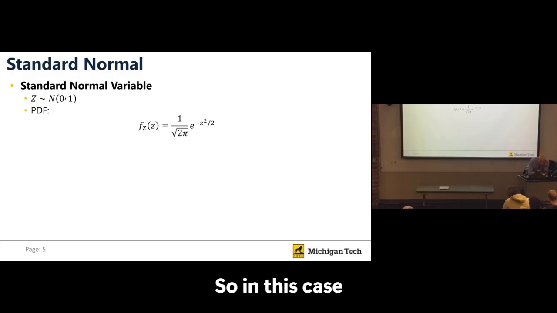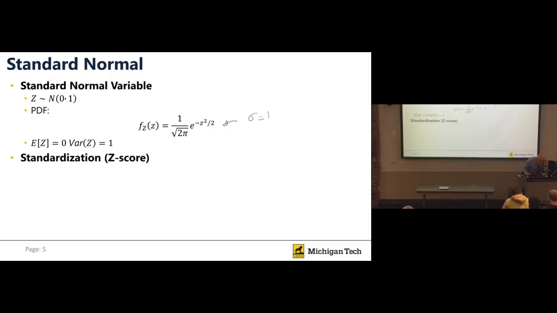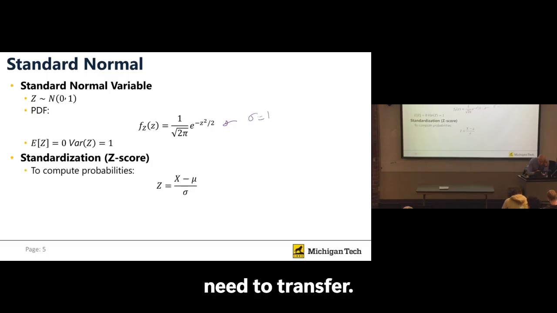In this case, the PDF becomes so simple because mu is 0 and sigma is 1. So we can simplify the formula. And how we can do that, we just need to transfer x to x minus mu over sigma.